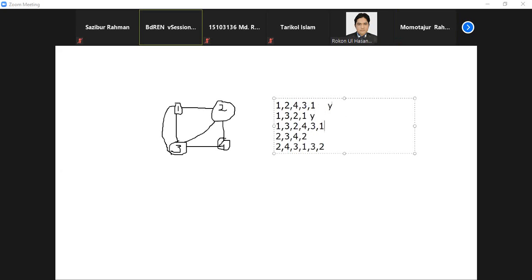The third one is not a simple cycle, because other than the first and last node, node 3 is repeated. So this is how we find out whether a cycle is simple or not.